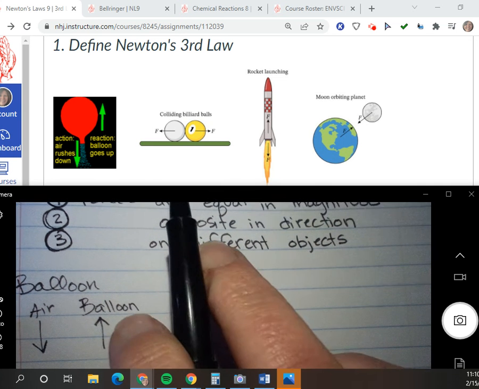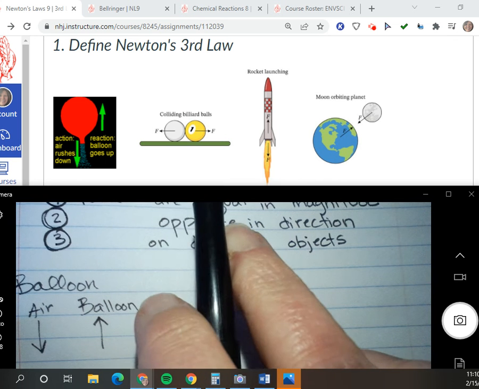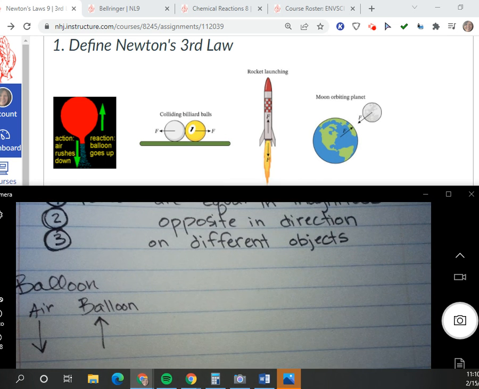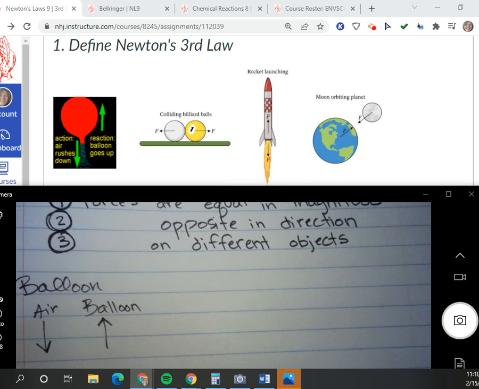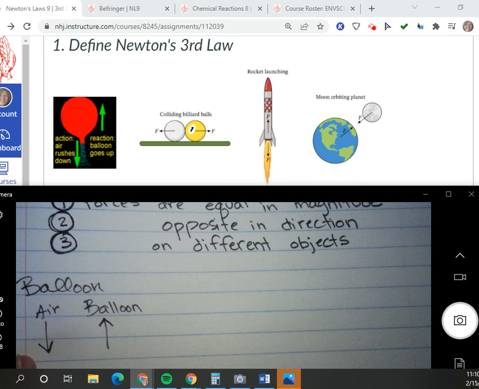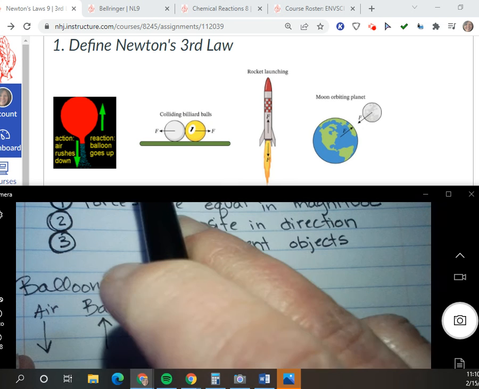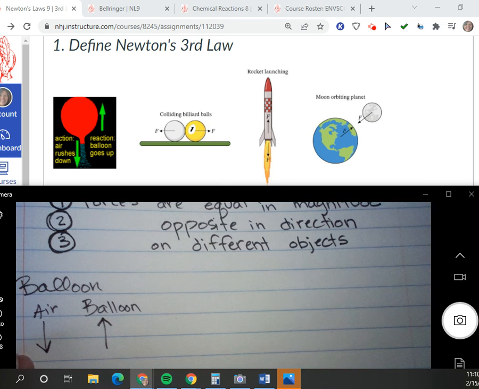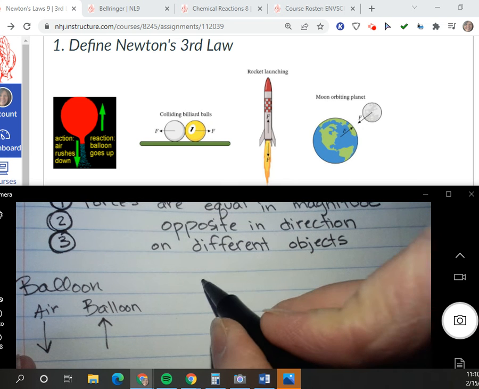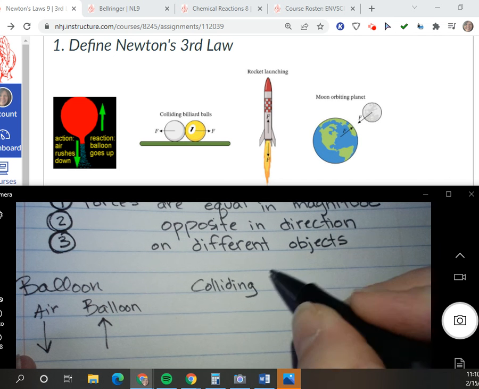How many of you have played pool before? What happens when you strike the yellow ball with the white ball? The yellow ball moves, right? There's a reaction there. So if we look at that example, notice that the force arrows are the same. So we could put colliding billiards balls.